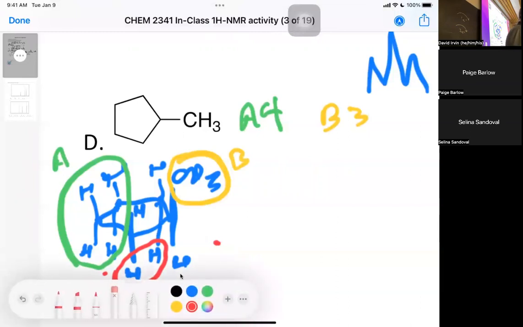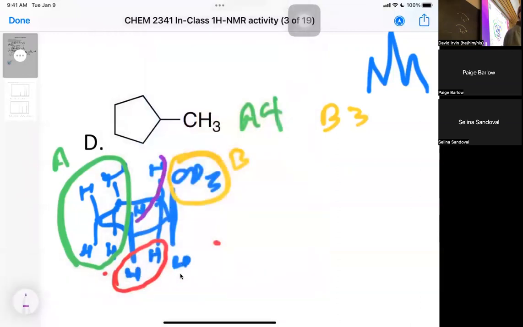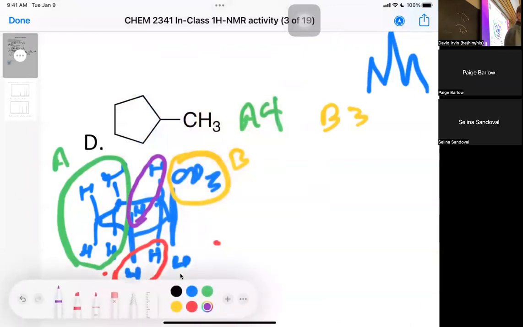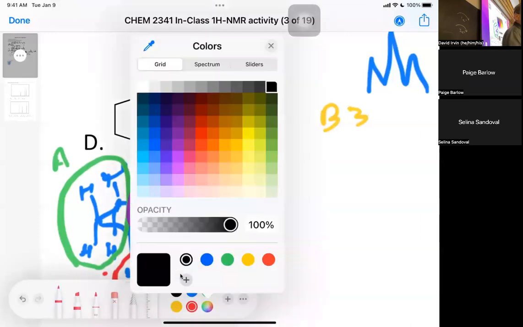So I'm going to circle the 2 on the top in purple, since I need more colors. This is a signal, and that's going to be signal D. This is signal C. And then we have one last signal here.